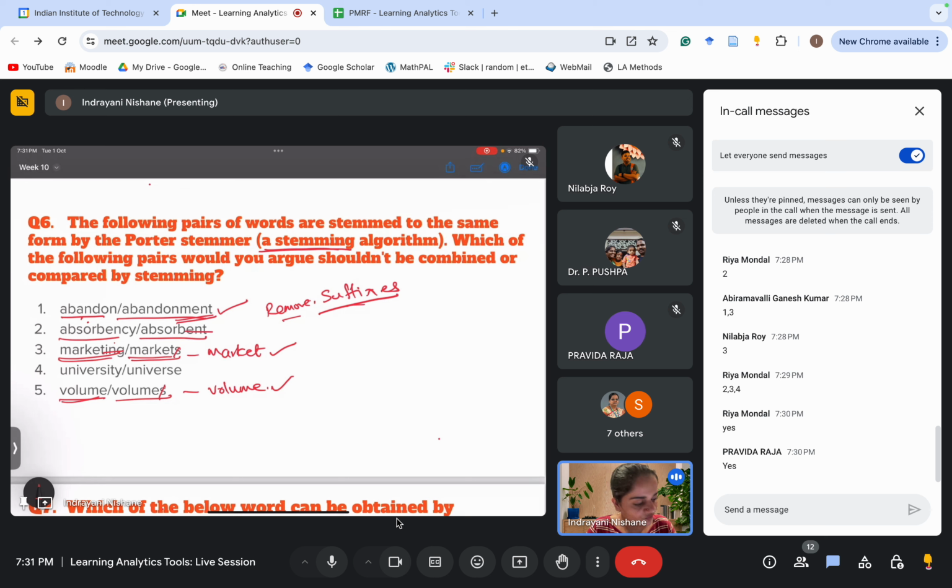If we remove E and T, what word are we left with? Absorb. And if we remove E and CY, what word are we left with? Absorb. So can absorbency and absorbent be reduced to the same word? Can they be grouped or combined using the same word?